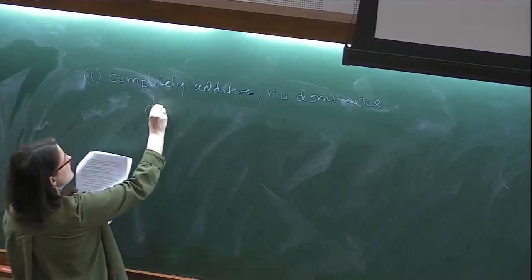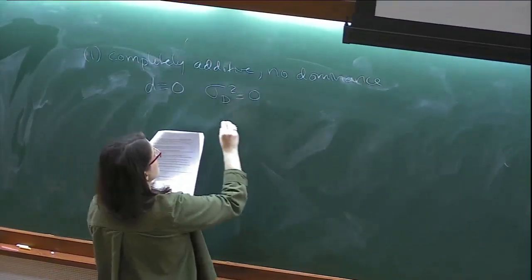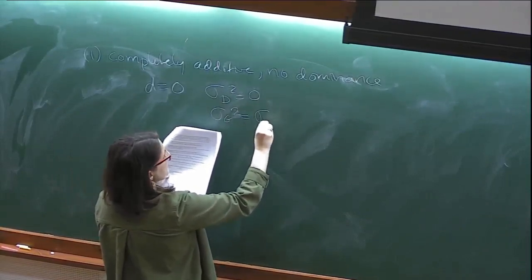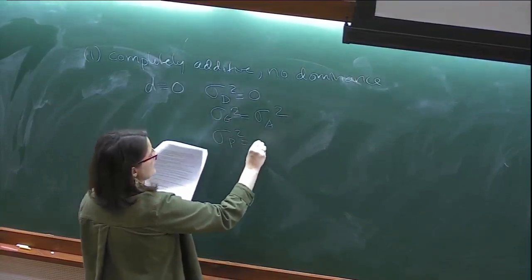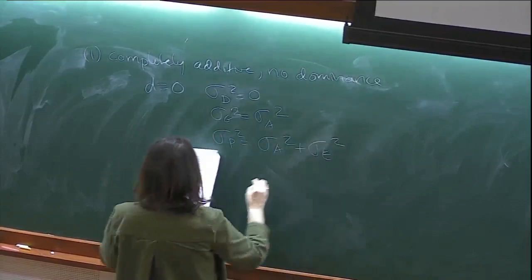That basically means that each allele adds something independent to that phenotype. And in that case, D is 0. So the dominance variance is 0. The genetic variance is just the additive genetic variance. And the phenotypic variance is just that additive genetic variance plus some environmental component.